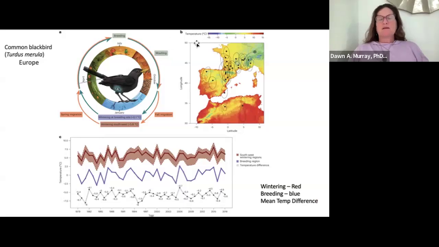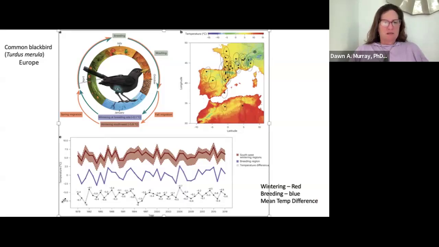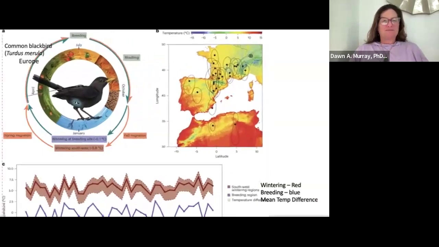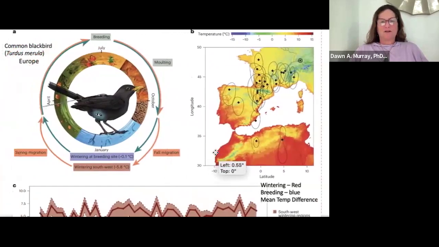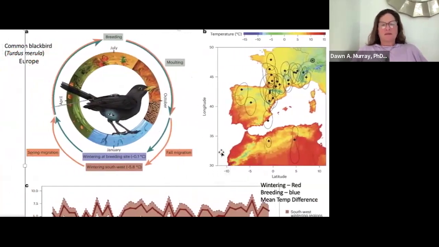So this map shows you, let's see if I can make this bigger. Move it over. Okay, so they could see in like January, they were wintering at a breeding site. Their average temperature that was cold, right?